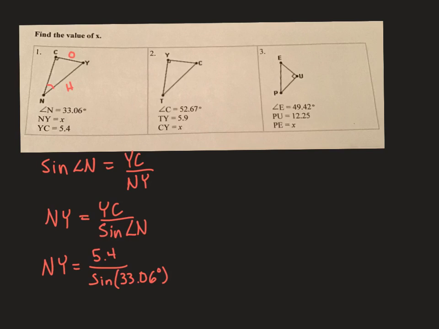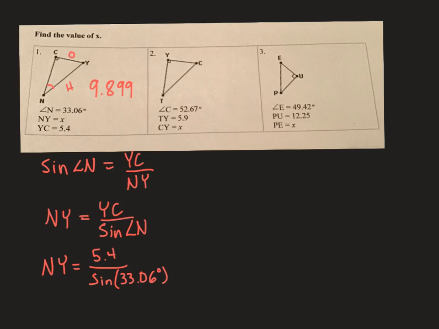So when you plug it into your calculator, what you'll find is it comes out to be 9.899 for NY.